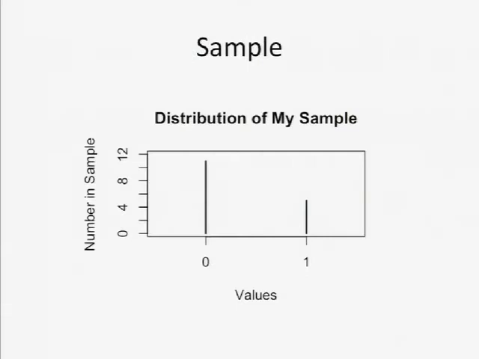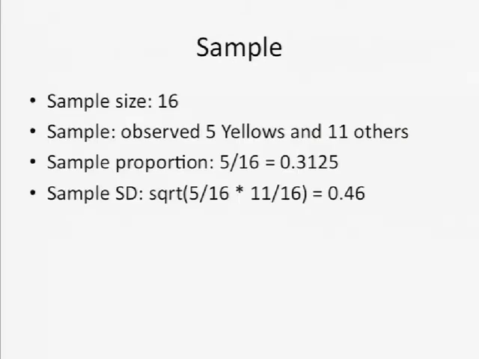I wound up with 11 non-yellows and 5 yellows, and that's the distribution of my sample. From that, I'm going to make an estimate for the population. My sample size is 16. I observed 5 yellows, so 5/16, 0.3125 is my sample proportion. My sample SD is 0.46.